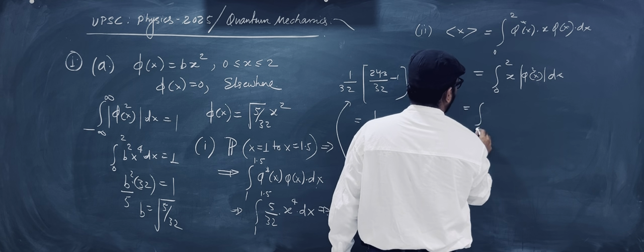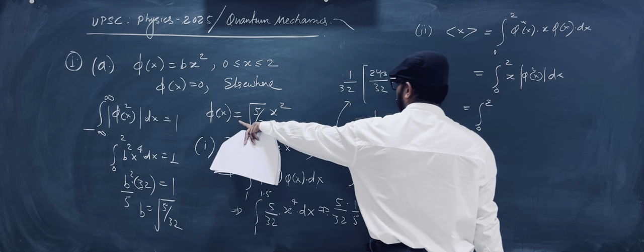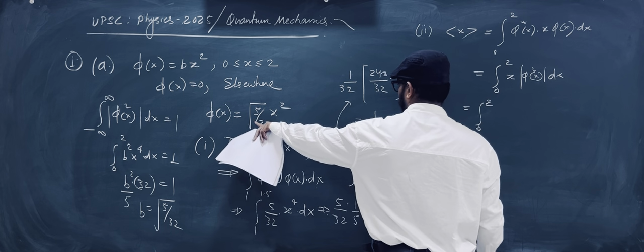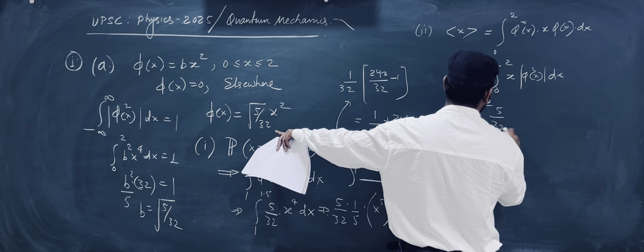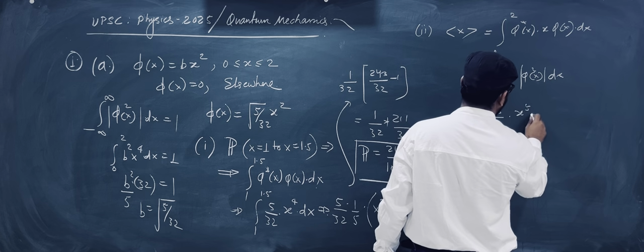If we multiply this function with x and the square, we get 5 over 32. X square is x^4, there is an extra x, so it's x^5 dx.